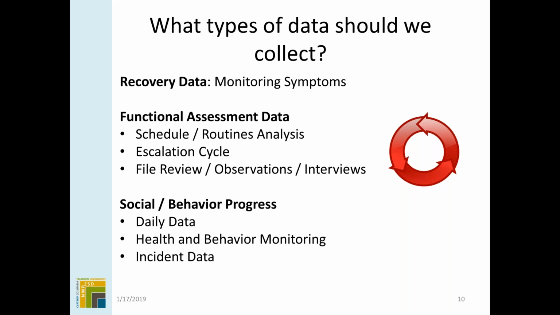And so I'm going to just show you a couple of strategies for monitoring symptoms for that student as they're hopefully changing and healing. And then I'm going to go over some of my favorite tools for collecting data for the functional assessment. And then finally, I'm going to talk about some strategies for progress monitoring.